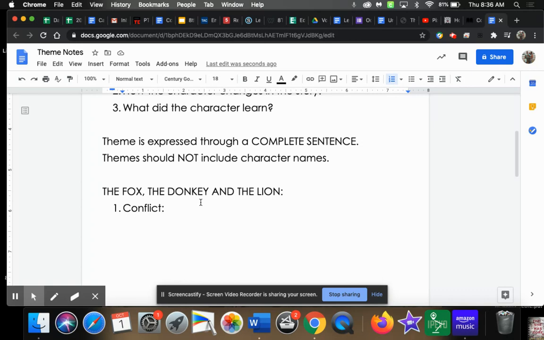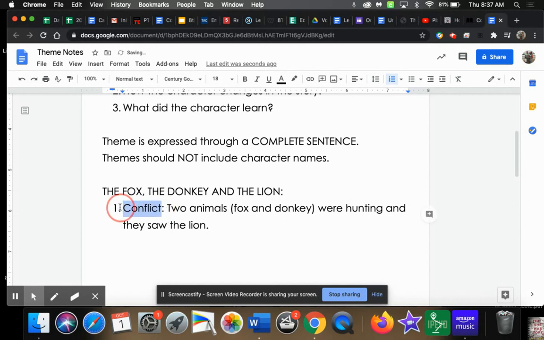So two animals, and that would be the fox and the donkey, were hunting and they saw the lion, right? The lion is the conflict. He is the danger, right?